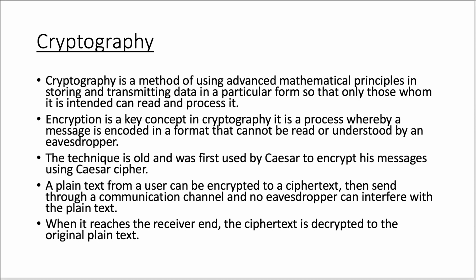A plain text from a user can be encrypted to cipher text, then sent through a communication channel and no eavesdropper can interfere with the plain text. When it reaches the receiver, the cryptotext is decrypted to the original plain text.